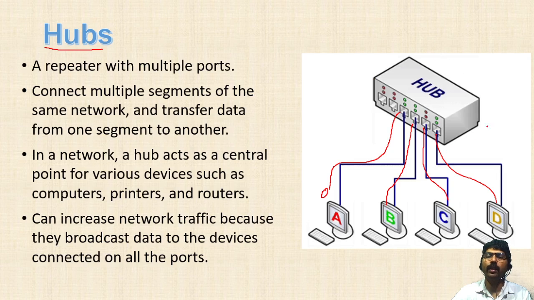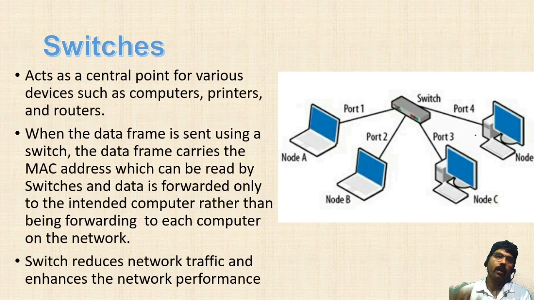I will explain that in the next class. Switches also work like a central point for various devices, just like a hub, for devices like computers, printers, and routers. But switches are a little more intelligent than hubs.